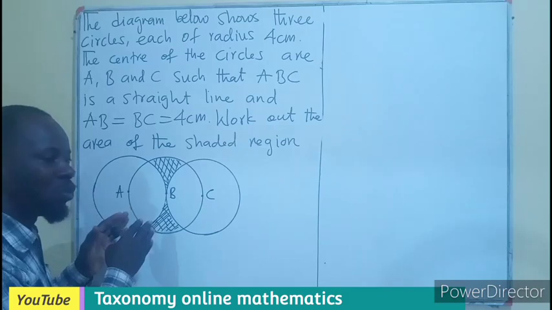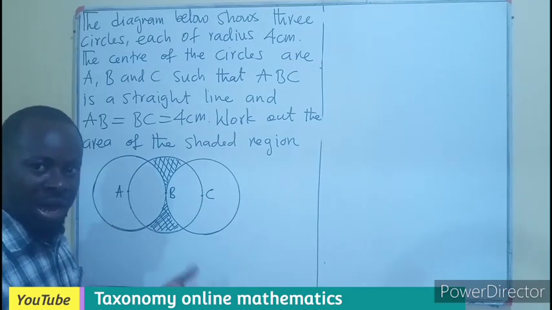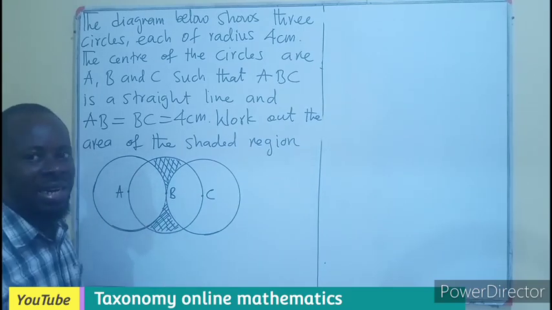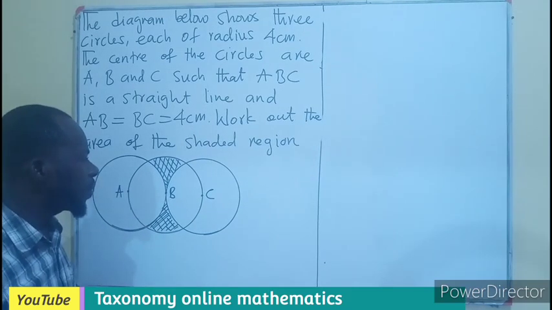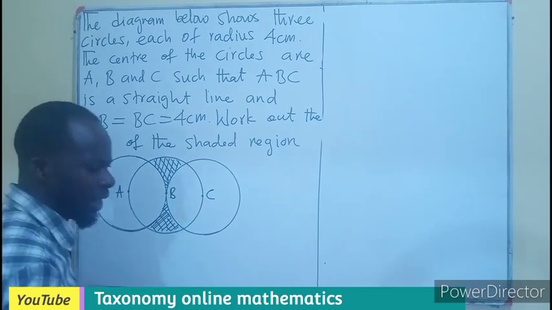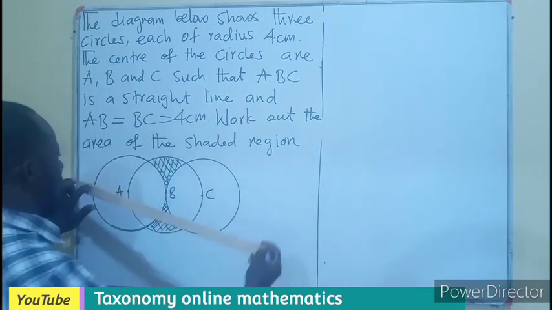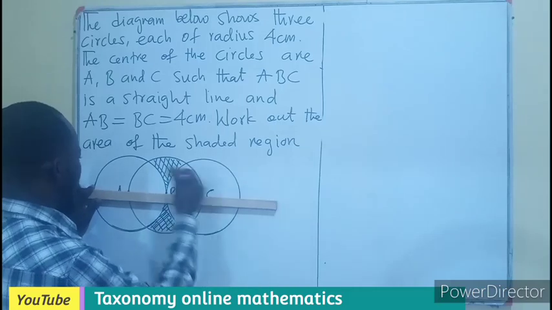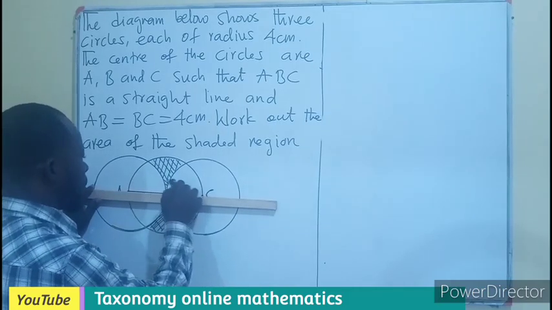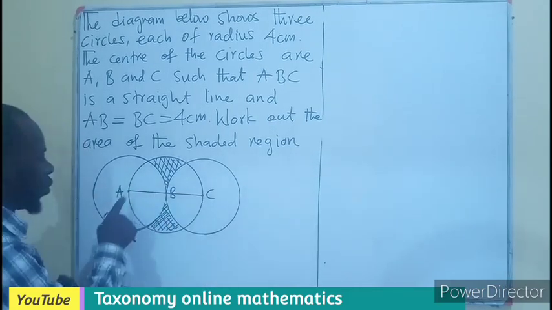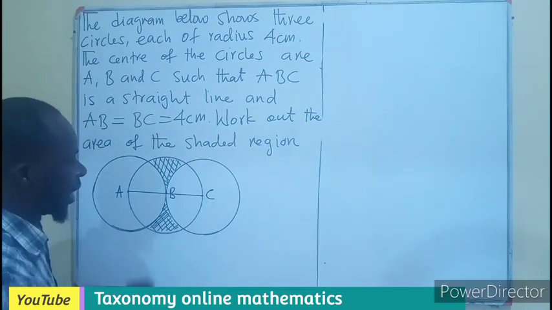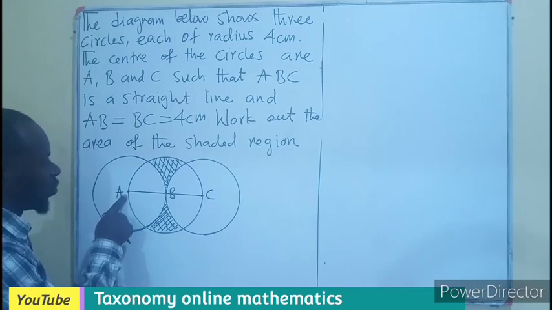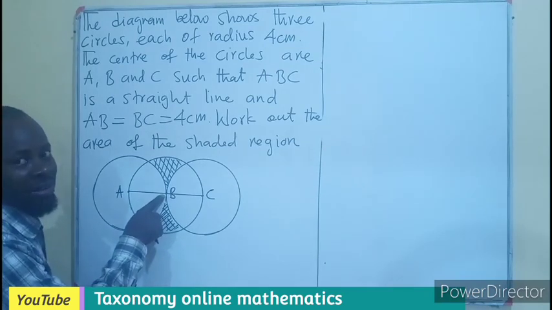So we need to use the known parts of a circle to find the area out there. We are told the line passes through A, B, C, that is a straight line. A line from the center to any point on the circumference is a radius.